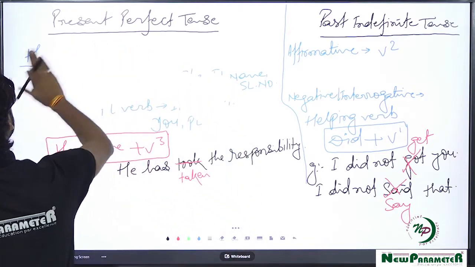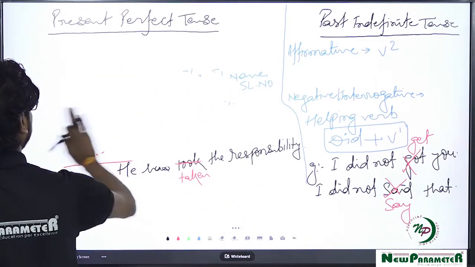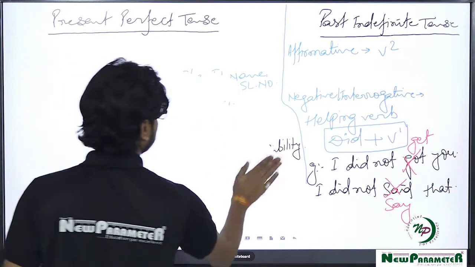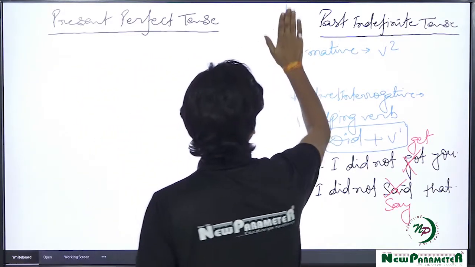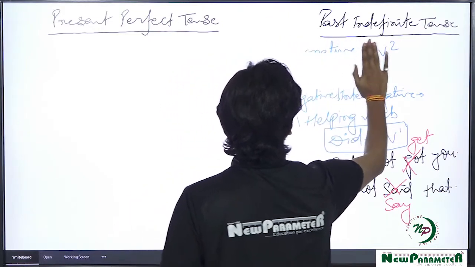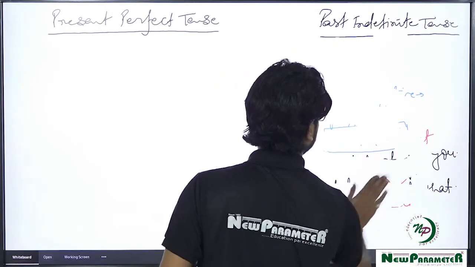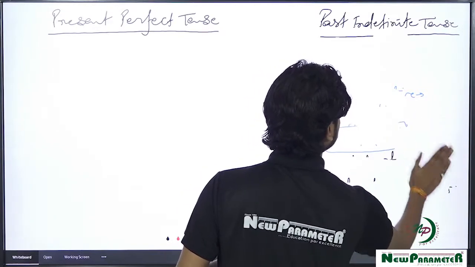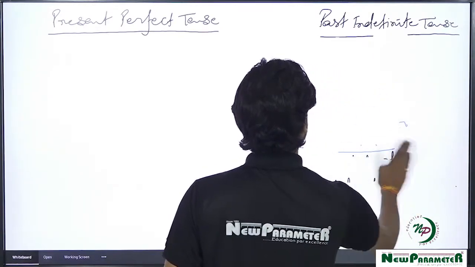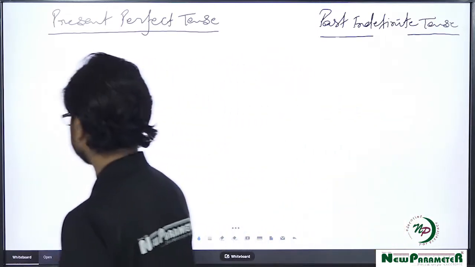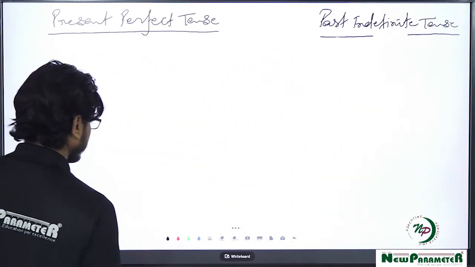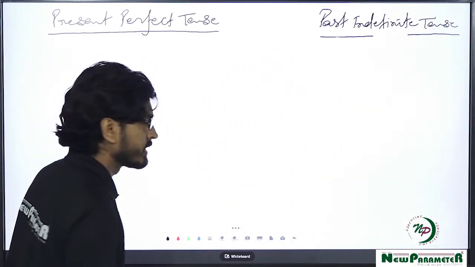We'll see the use of present perfect and past indefinite tense. What is the use of present perfect and past indefinite tense? It is a very easy tense.